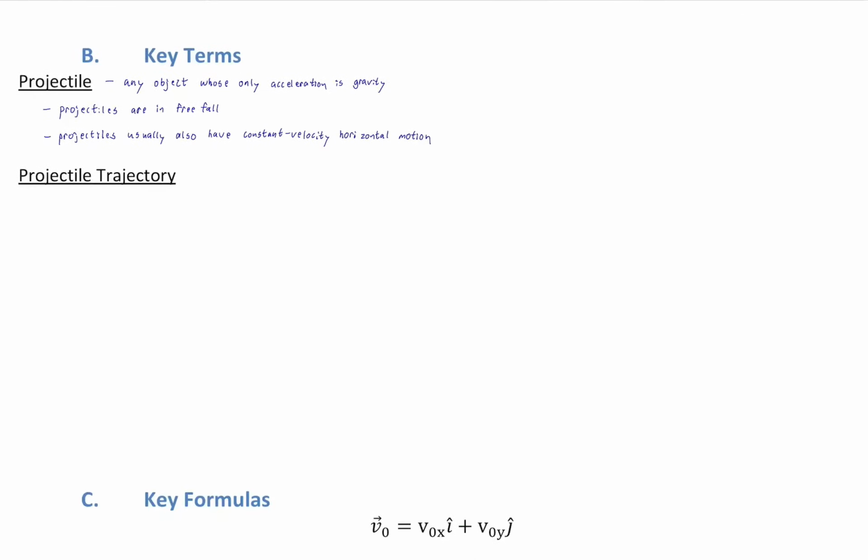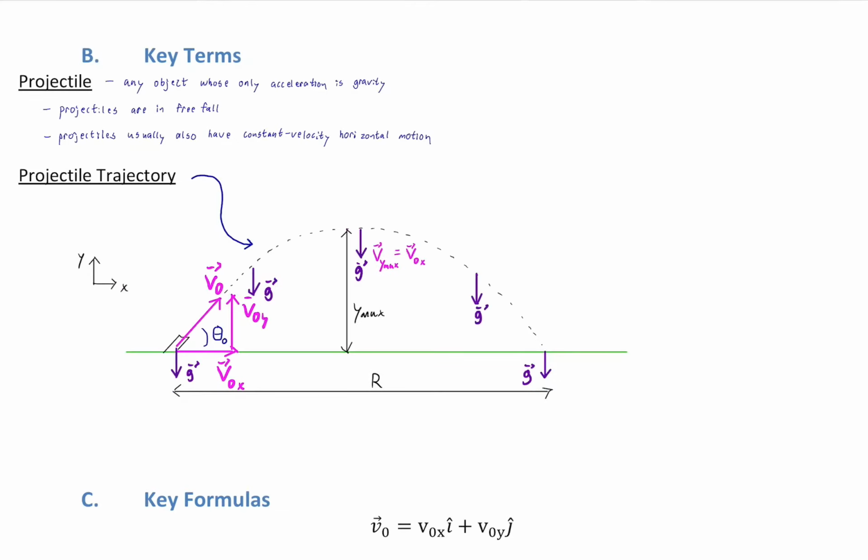So let's talk about the picture of projectile motion, because this really encapsulates a lot of what we're talking about. We have the idea of a projectile trajectory. It's simply an arced path through the air. It's a parabola. Gravity acts the whole time, and there is some initial velocity.